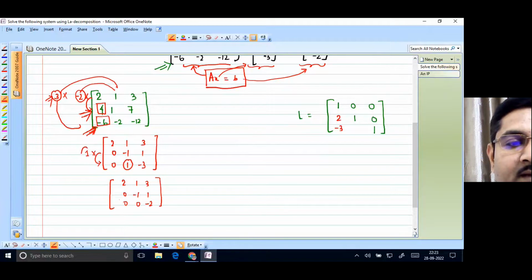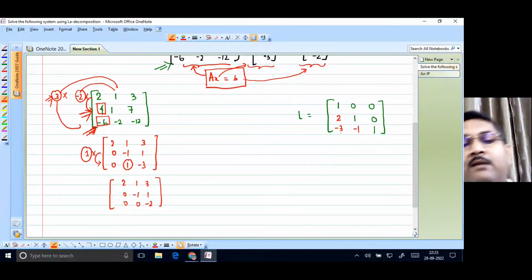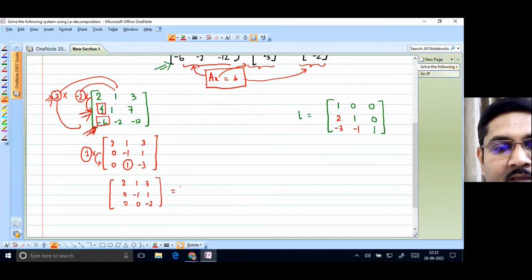So the multiplier I have used is 1. So its negative I will put in the corresponding position of L. So this is my U and L is given here.